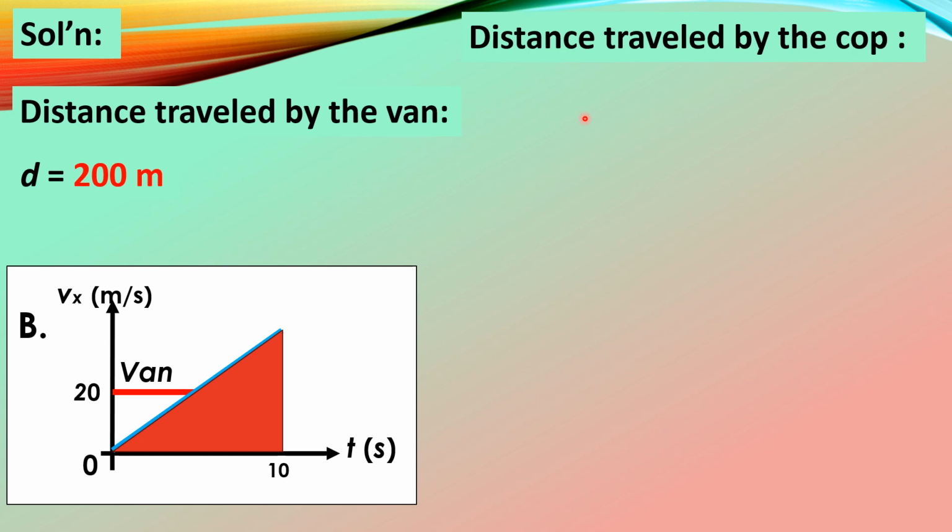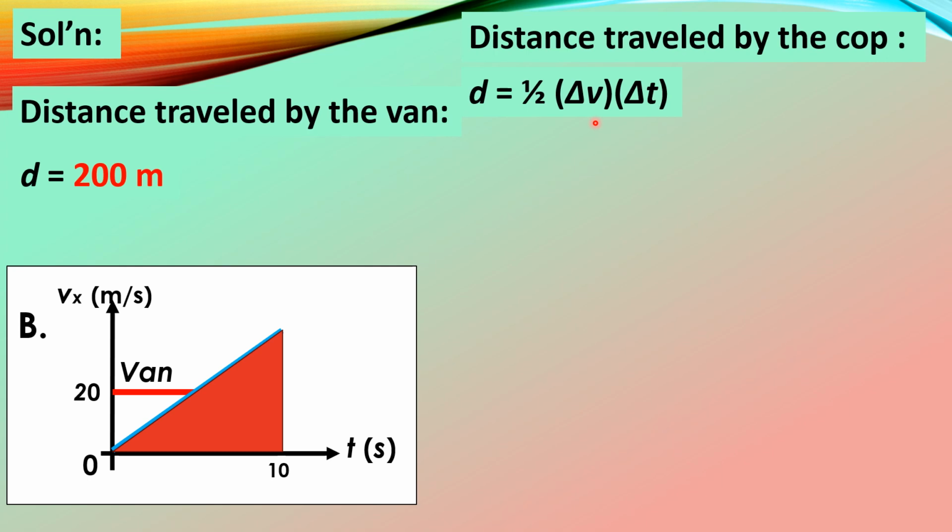This distance can be determined using the formula 1/2 times the change in velocity delta v and the change in time delta t. That's analogous to getting the area of this right triangle, which is 1/2 base times height.